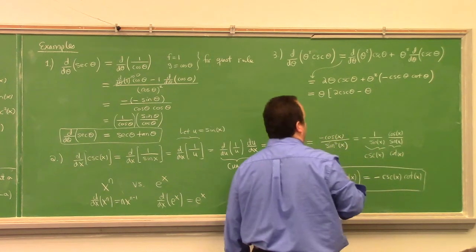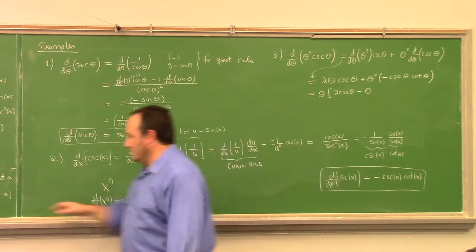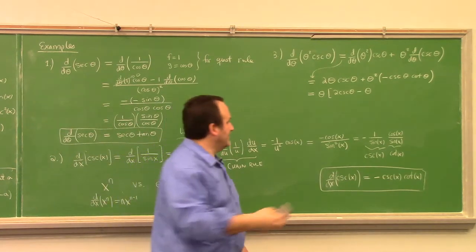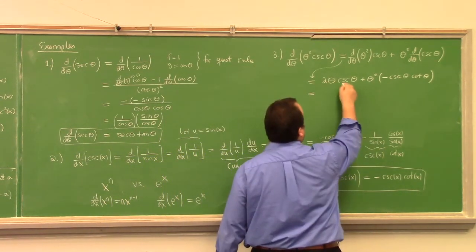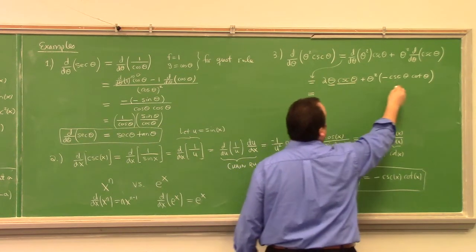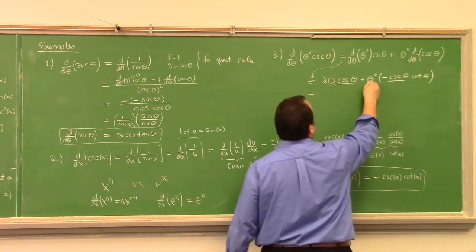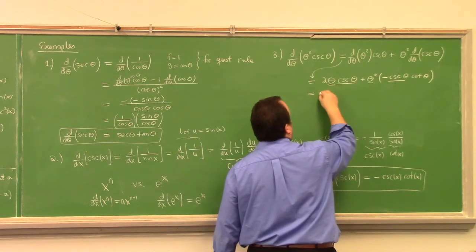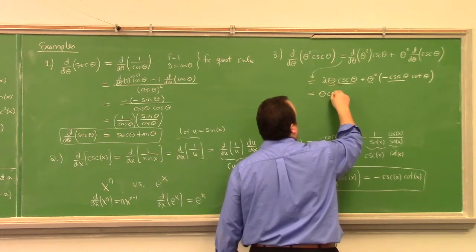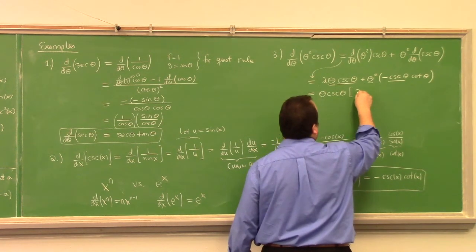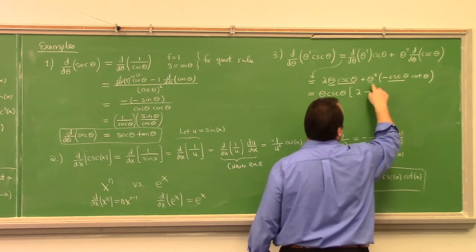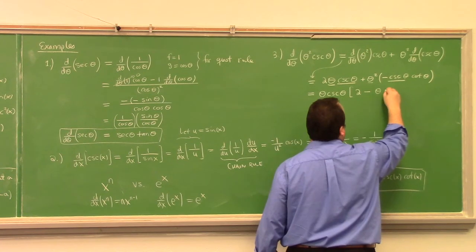Wait a minute. What could I have done? I could have factored out cosecant also, right? Theta cosecant theta times 2 minus theta cotangent theta.